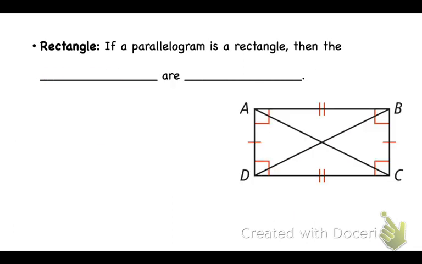If a parallelogram is a rectangle, then the diagonals are congruent. And also, every angle is what? 90.